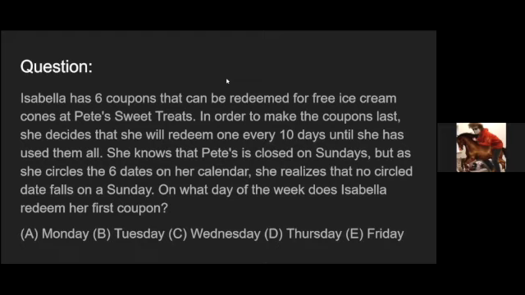She knows that Pete's is closed on Sundays, but as she circles the 6 days on her calendar, she realizes that no circled date falls on a Sunday. What day of the week does Isabella redeem her first coupon? A, Monday, B, Tuesday, C, Wednesday, D, Thursday, E, Friday.